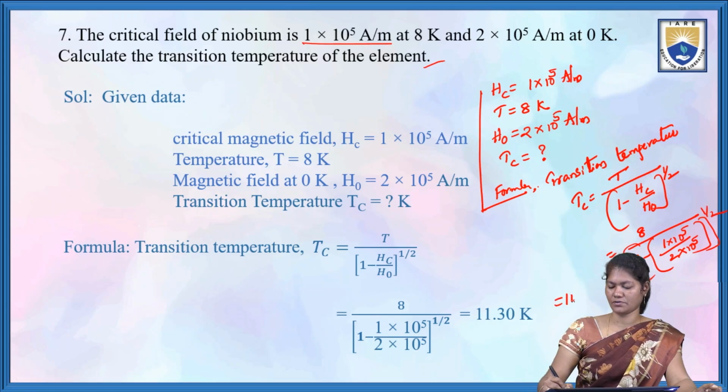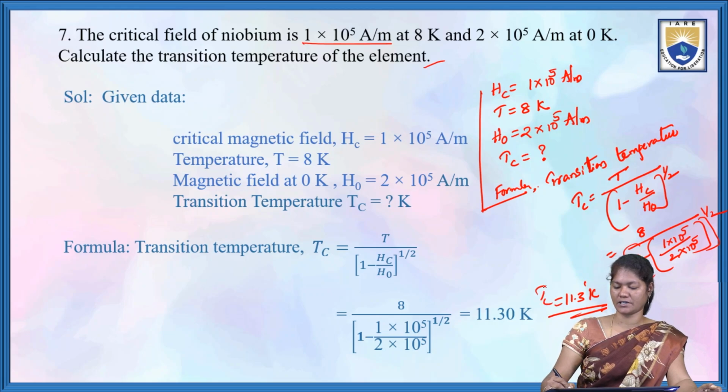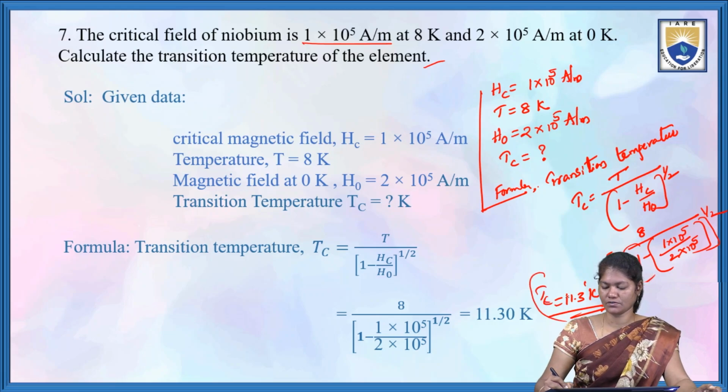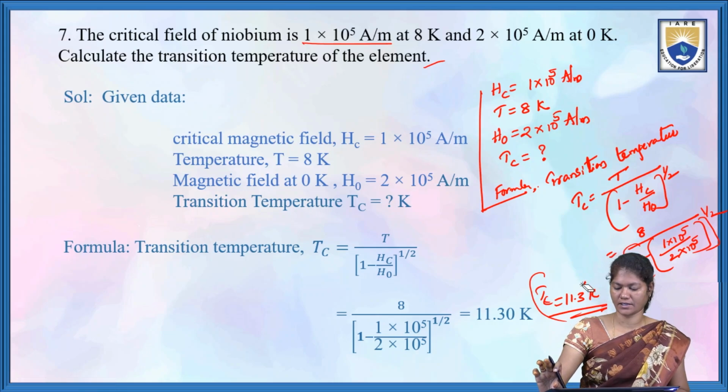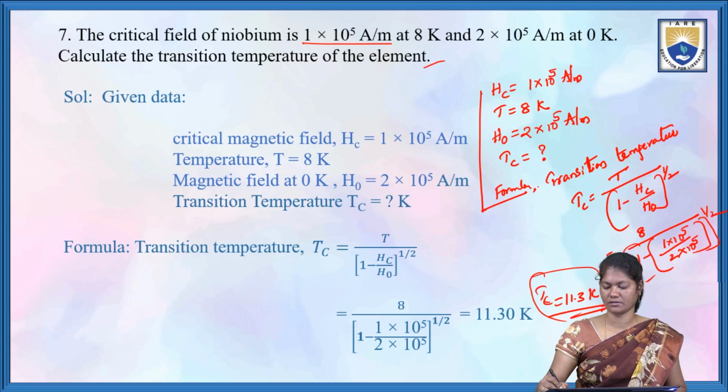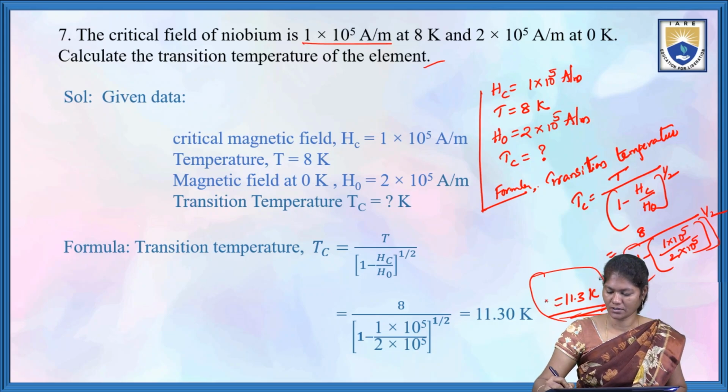So it is equals to 11.3 degree Kelvin. So transition temperature Tc is equals to 11.3 degree Kelvin.